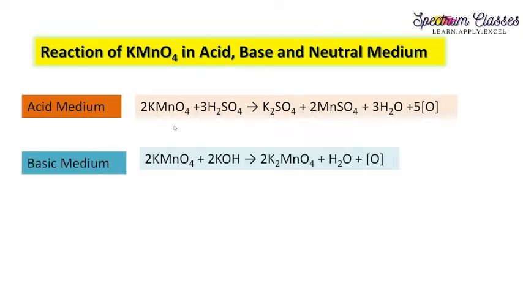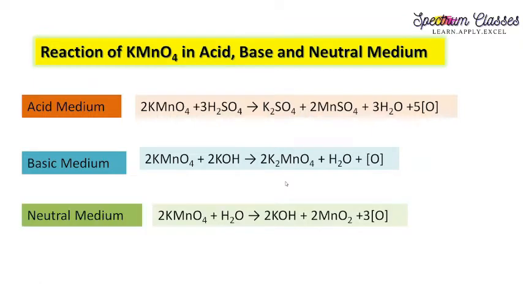Now we are going to check the behavior of KMnO4 in basic medium. In basic medium, KMnO4 reacts with KOH and produces K2MnO4 plus H2O plus nascent oxygen. In the neutral medium, KMnO4 reacts with H2O, water being treated as neutral.